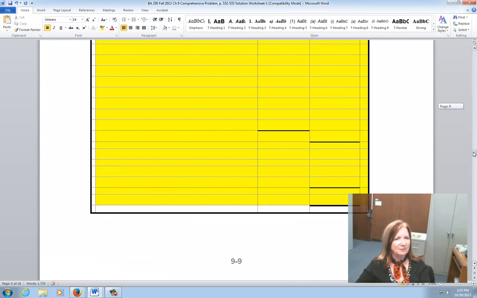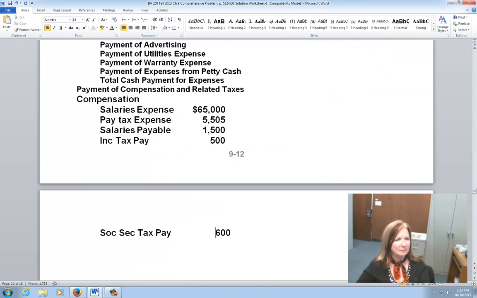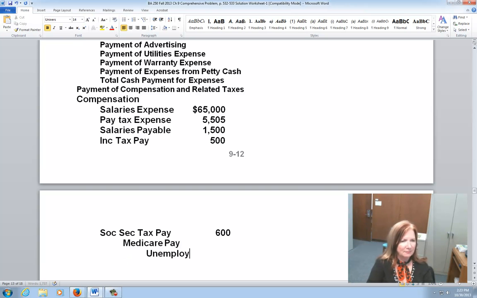So I'm going to pull these back just a bit so I can have them in a line where I can see them.